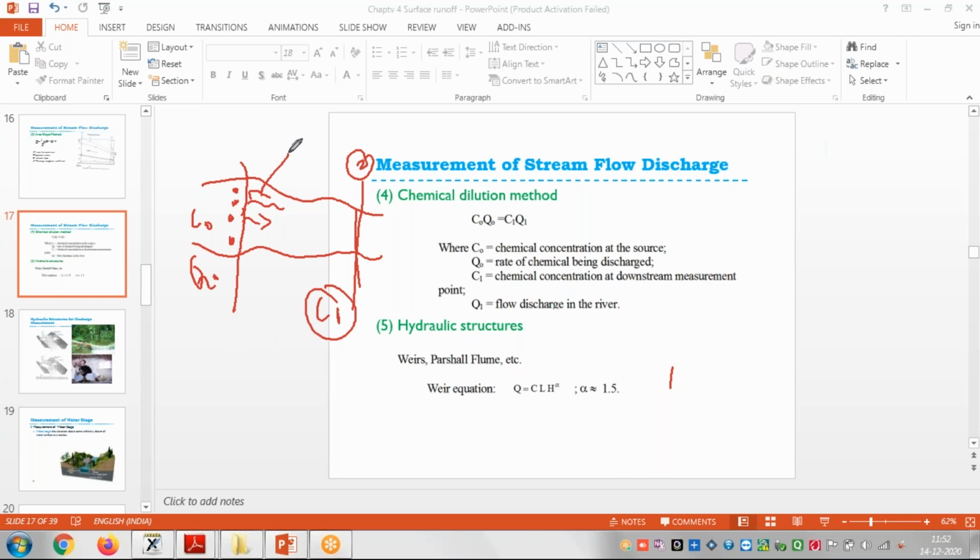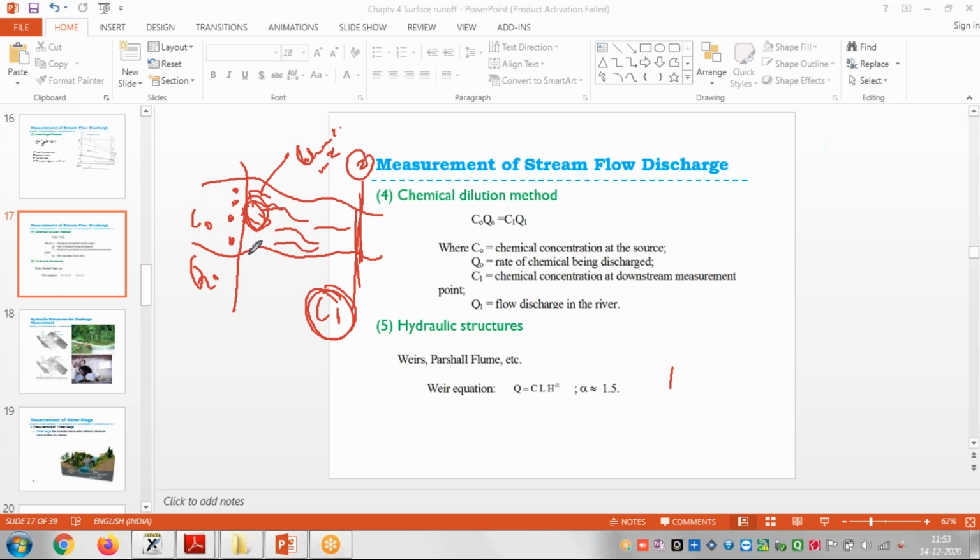This concentration means there is some chemical or maybe some ink, and they note down the concentration of that ink. When it is mixed with water, obviously the concentration will be more, and when it flows and comes up to this section, the concentration will be something different, right?